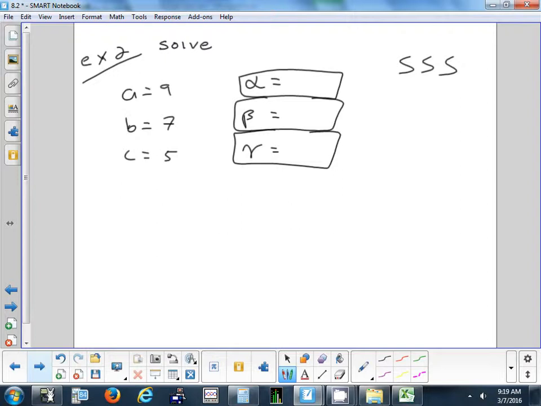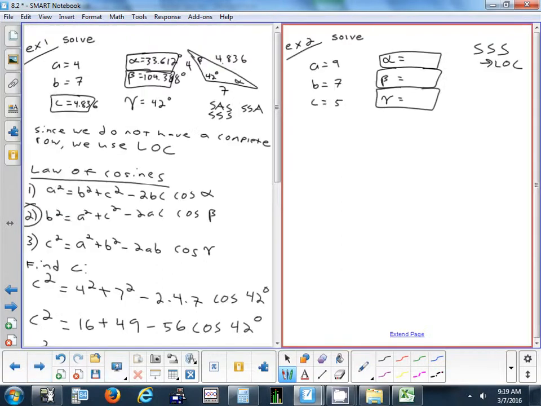If you pick the last 2 rows, you're still missing 2 things. Can't do it. If you pick the first row and the last row, you're missing 2 things. You can't be missing 2 things. You can only be missing 1 thing. So we have to use law of cosines. Which version do I need to use here?